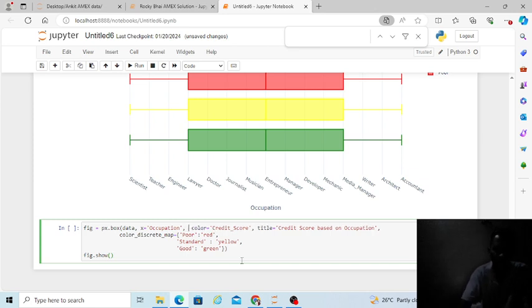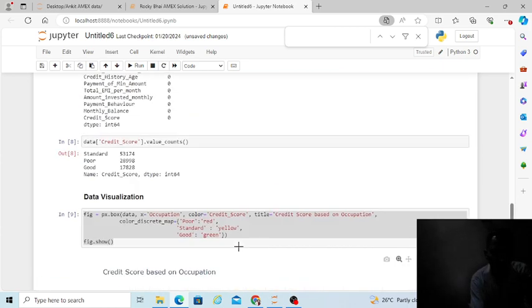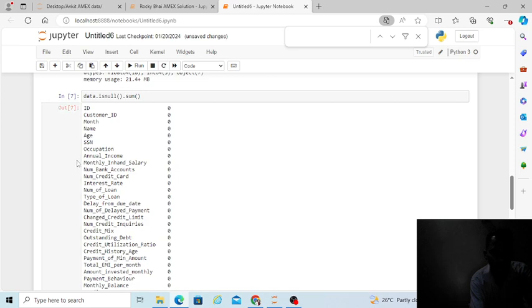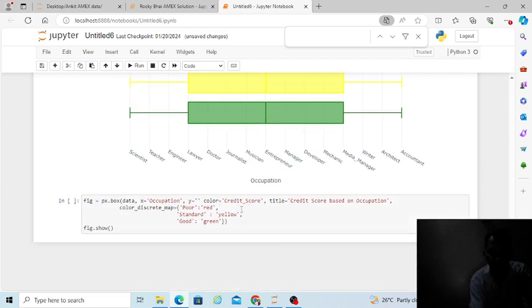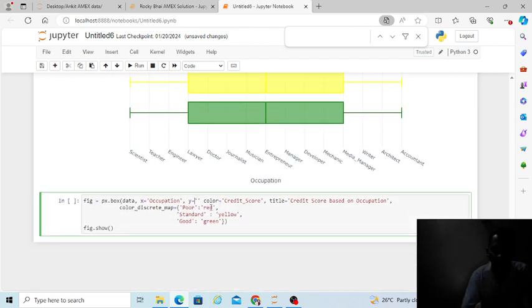I will include here y equal to annual income, color equal to credit score. Same code, only I have just added one more column, that is annual income.